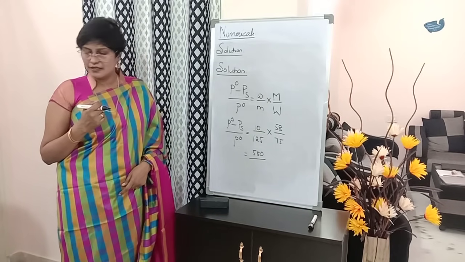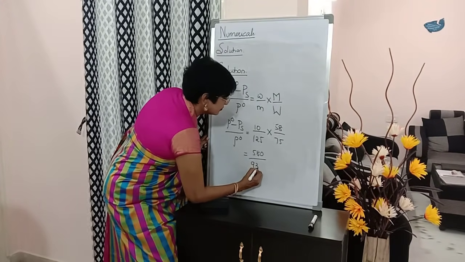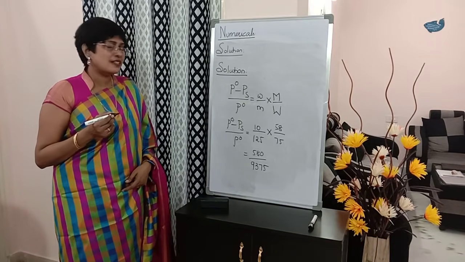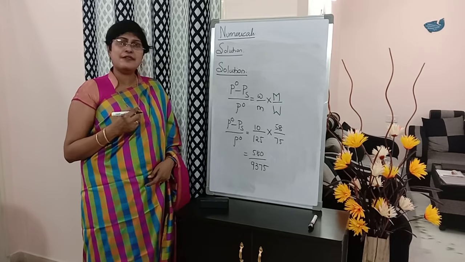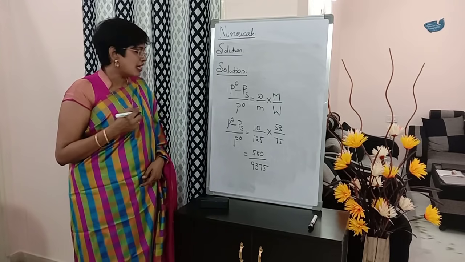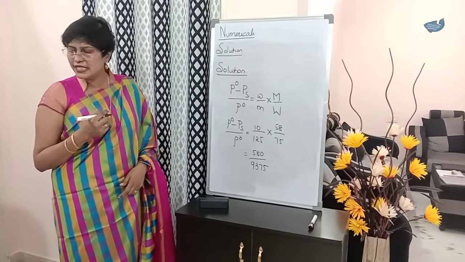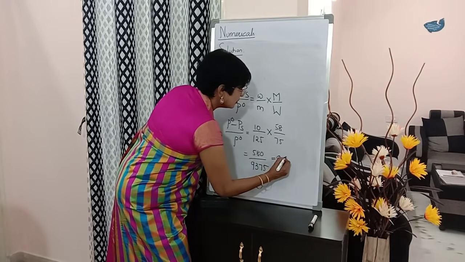How much are you getting? I got it as 9375. Hope you also have got the same answer. Okay. Now divide 580 by 9375, students. This comes out as 0.0618.